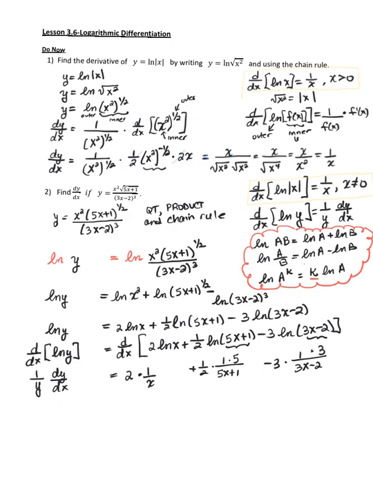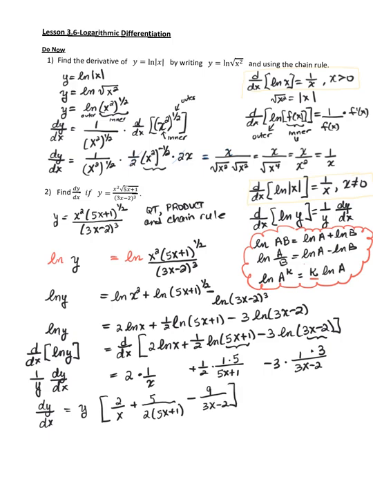Now we're going to solve for dy dx. And to solve for dy dx, we multiply each side by y. And we have 2 over x plus 5 over 2 times 5x plus 1 minus 9 over 3x minus 2.